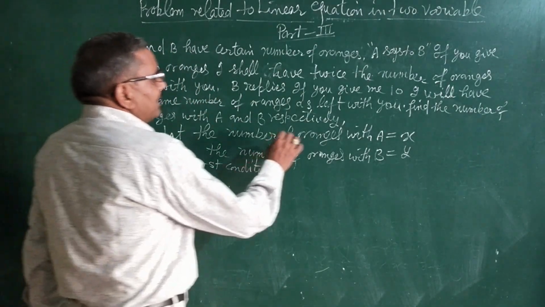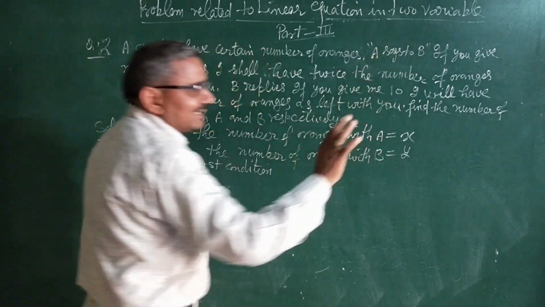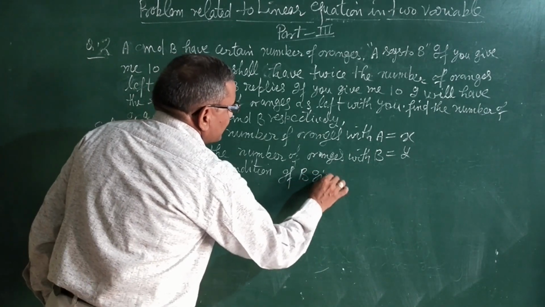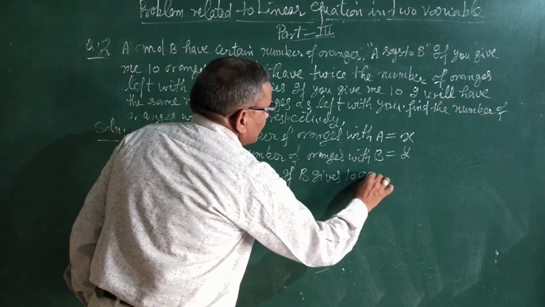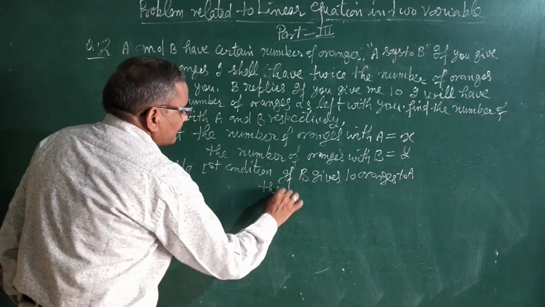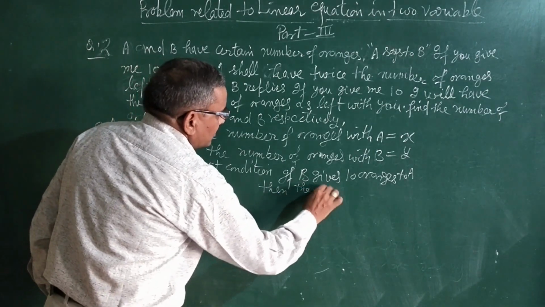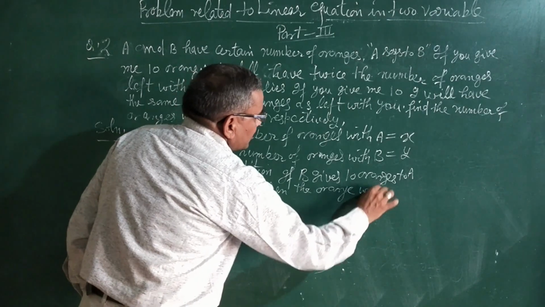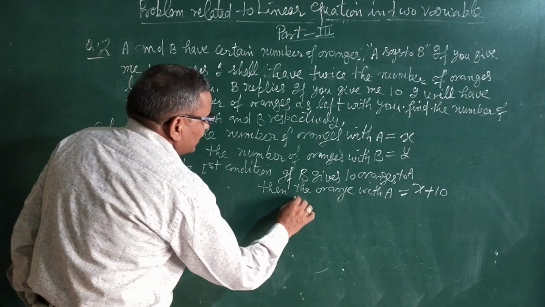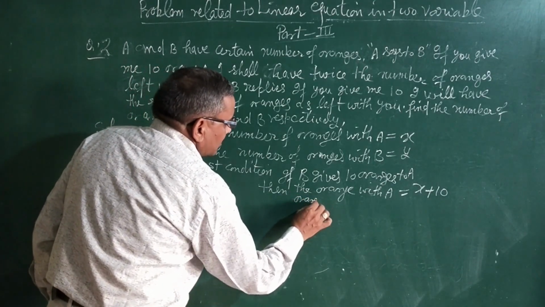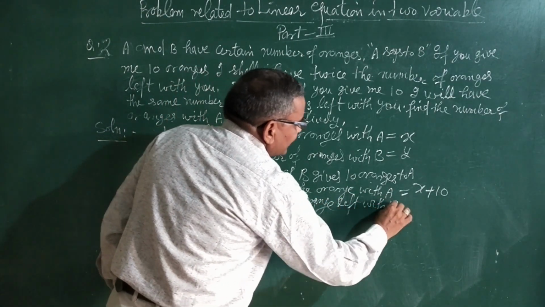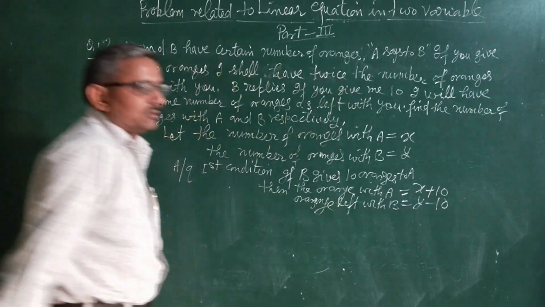If B gives 10 oranges to A, then the oranges with A will be x plus 10 and the oranges left with B will be y minus 10.